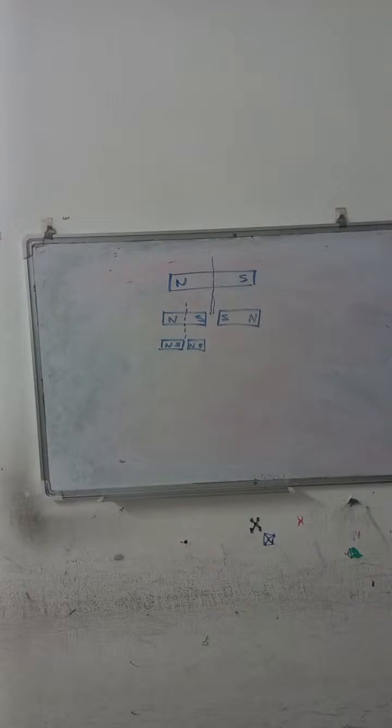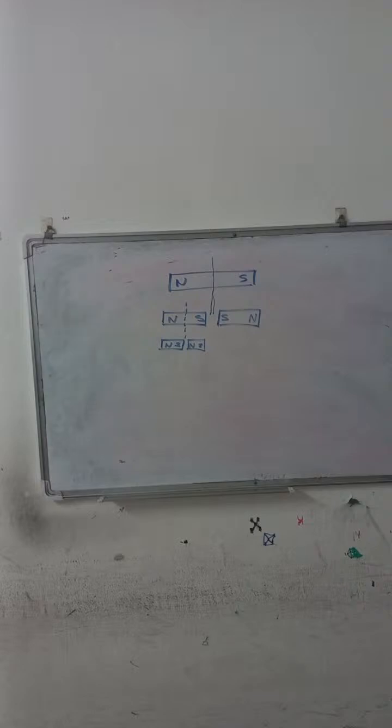That is the reason magnets are known as dipoles. Monopoles never exist in magnets. Very important: there are always two poles.